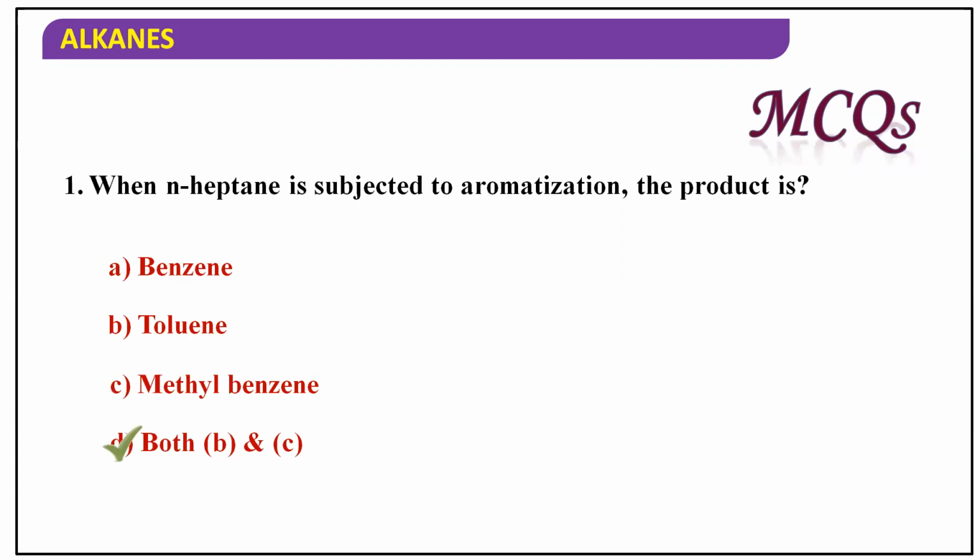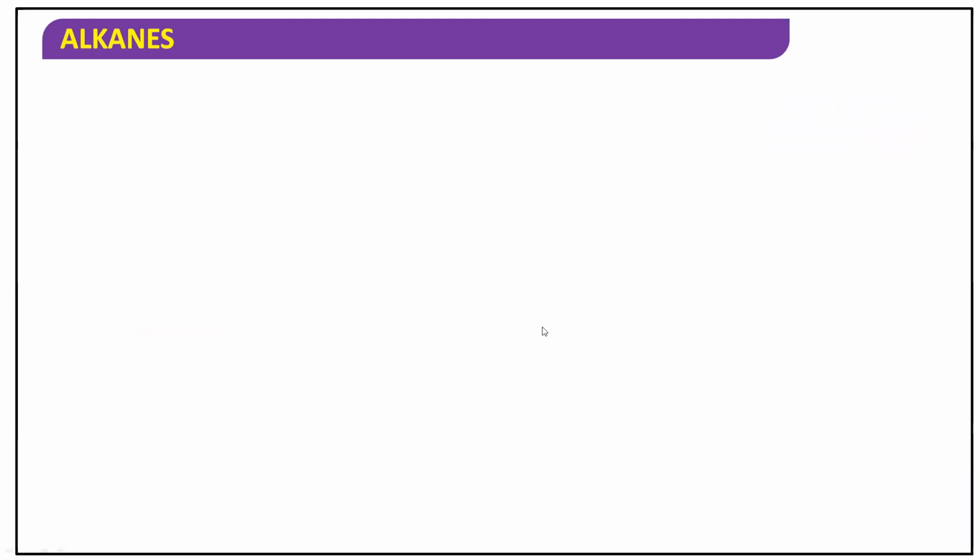One methyl will be there at any position; all positions are basically the same. So toluene or methyl benzene will be formed. When normal heptane is subjected to aromatization, the product is toluene or methyl benzene.